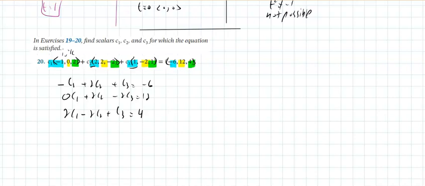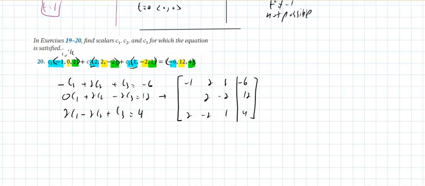So pretty much I'm trying to solve this augmented matrix, and we could do that really quick.